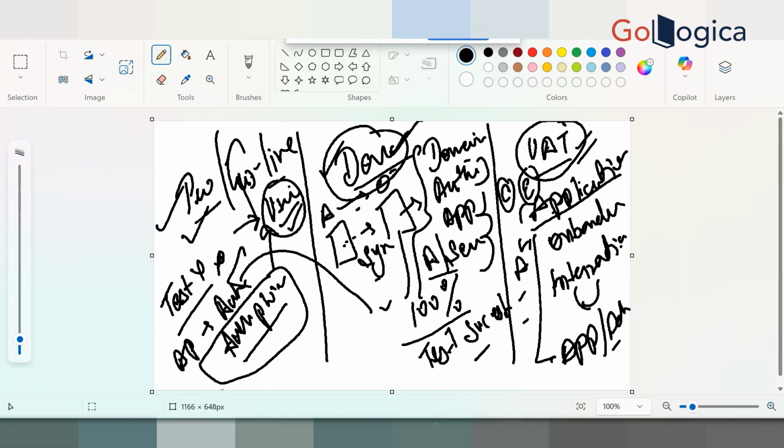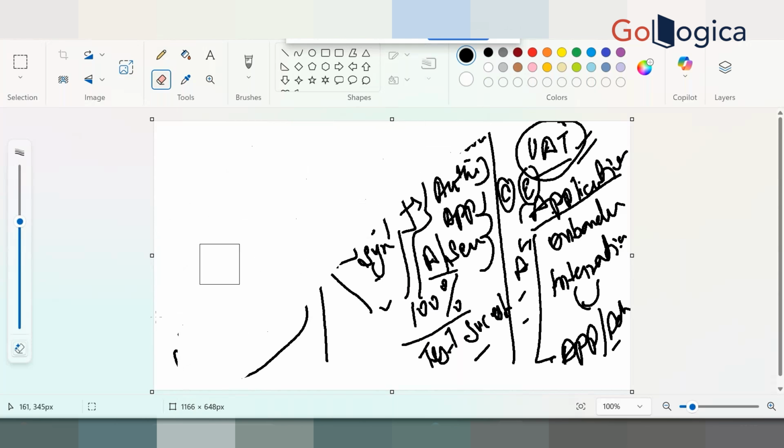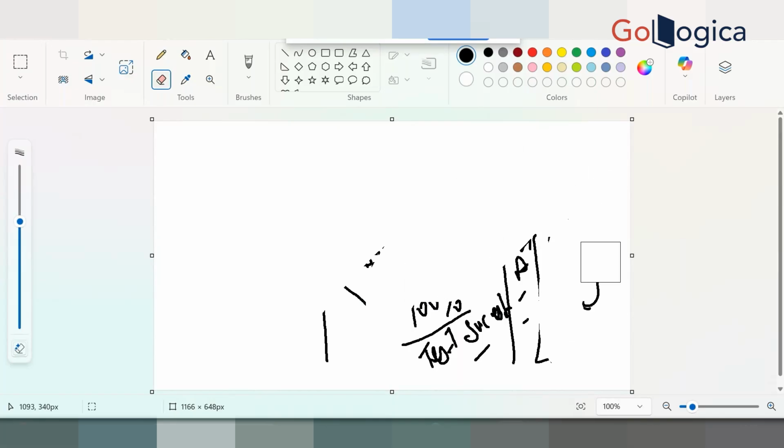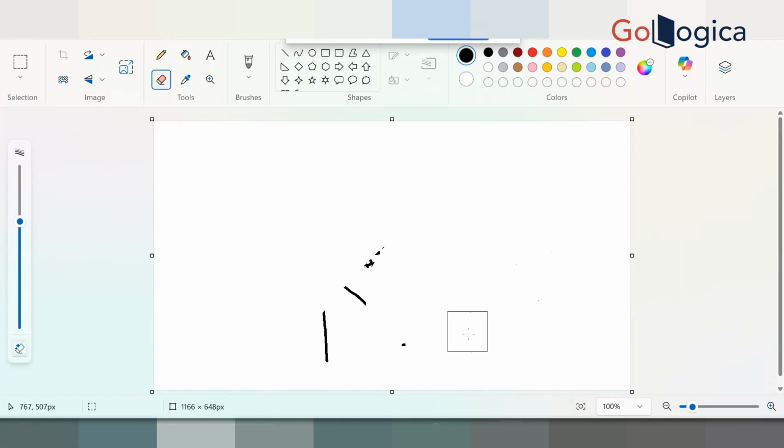So if you are working in a major large project, that's why a project has such phases, correct?